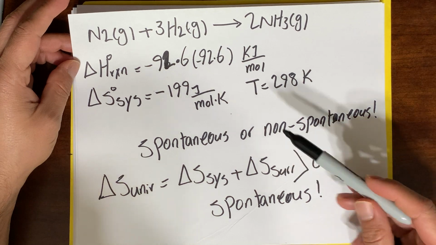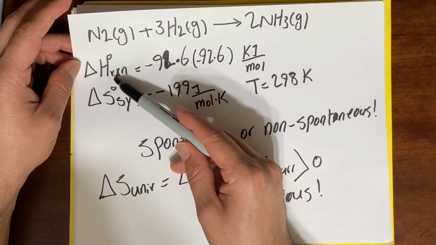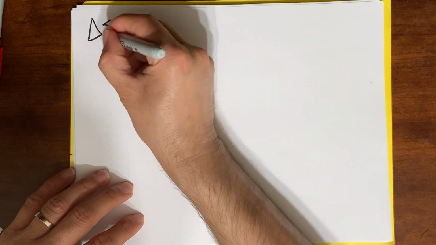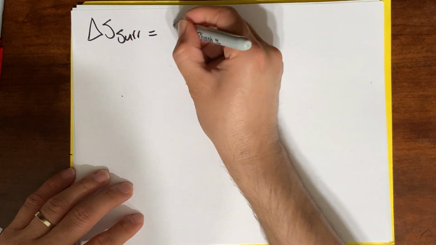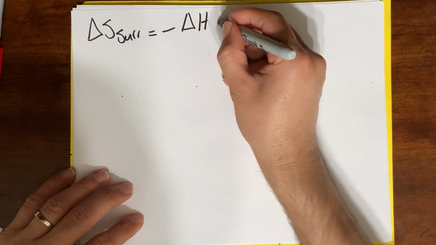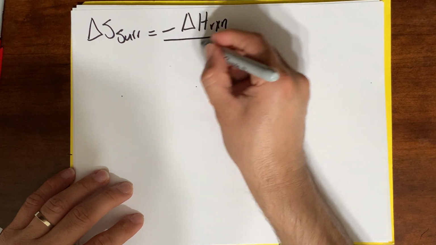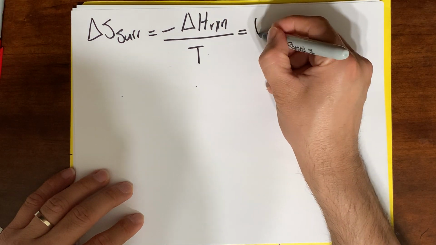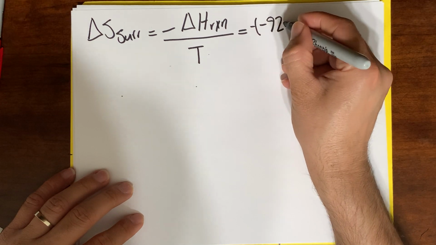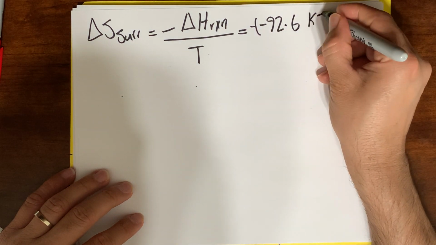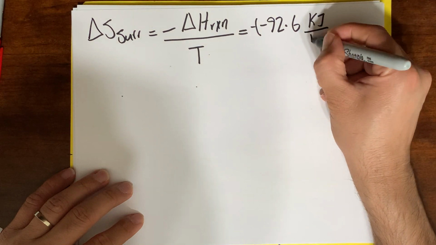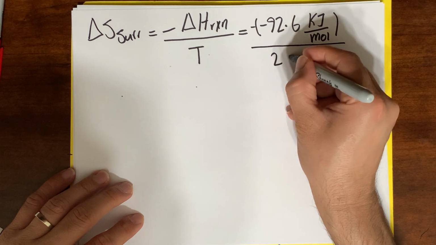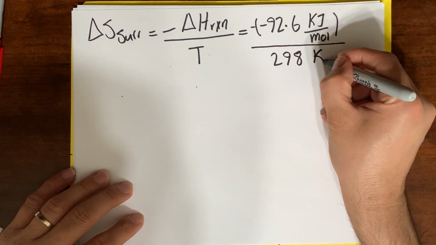Delta S of the outside is going to be equal to minus delta Q of the reaction divided by temperature. So delta S for the outside is minus delta H of the reaction divided by temperature. Delta H of the reaction is given as minus 92.6 kilojoule per mole, divided by 298 Kelvin.